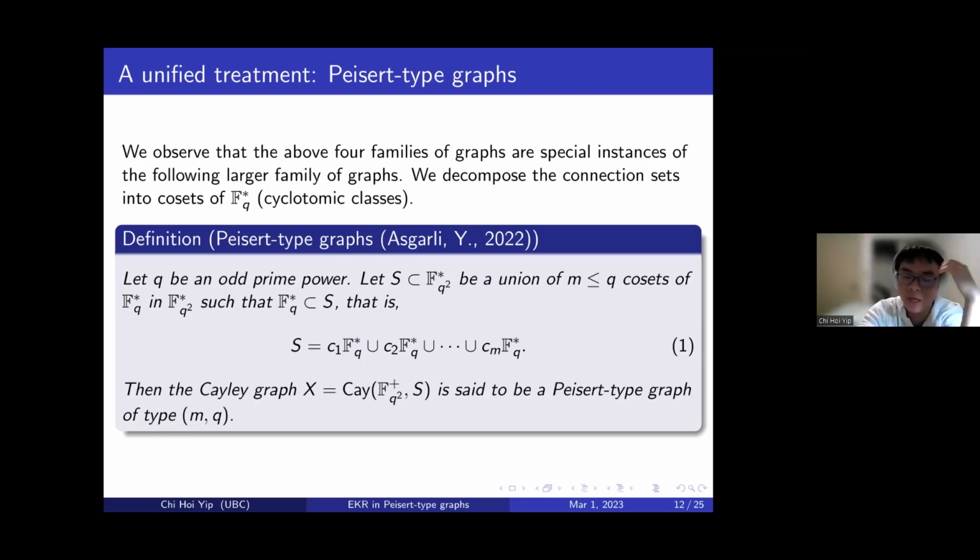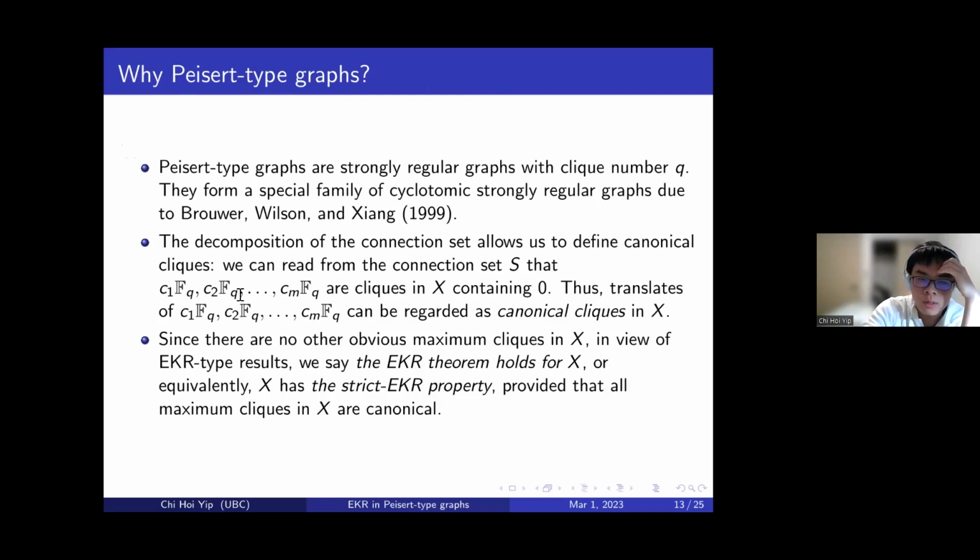The definition of a Cayley graph allows us to say that these subsets are cliques. And of course, we are working with Cayley graphs, so the translates of these cliques are canonical cliques. If you stare at the connection set long enough, you can convince yourself that there are no other obvious maximum cliques.